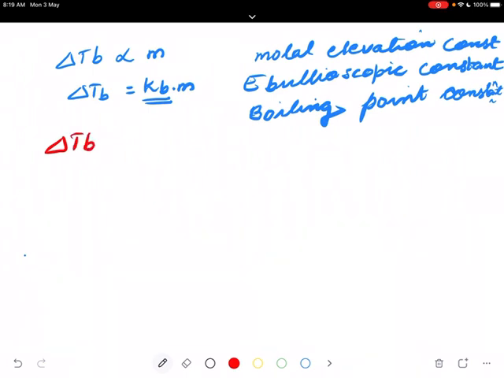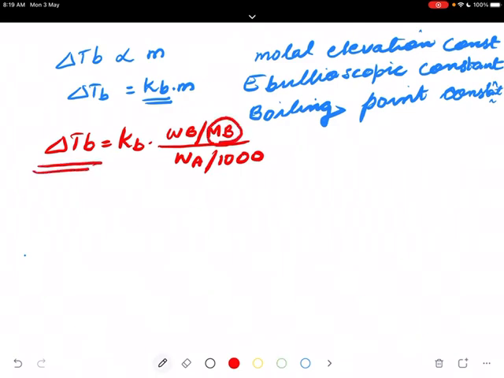Delta TB is equal to Kb into molality. Molality is Wb upon Mb whole divided by Wa upon 1000. So the main use of this is to find out the molar mass of an unknown solute, that is Mb.